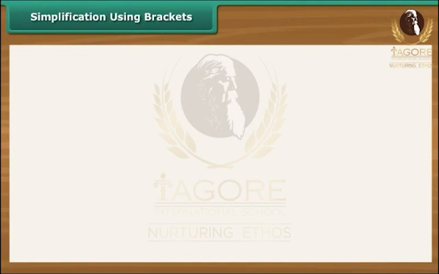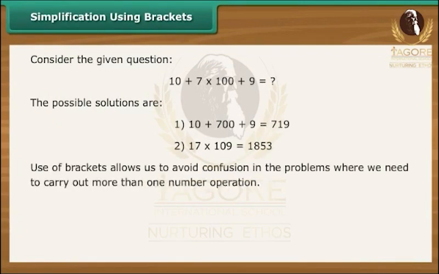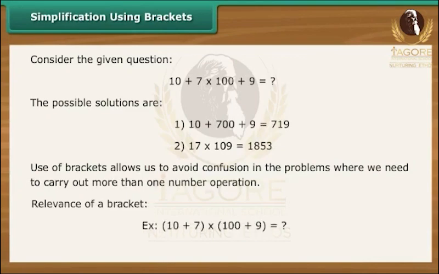Simplification using brackets. Consider the given question. This question can be solved in two ways. Which is the correct answer? Use of brackets allows us to avoid confusion in the problems where we need to carry out more than one number operation. Let us see how. If the question would be given as shown on screen, it would be easy to calculate.